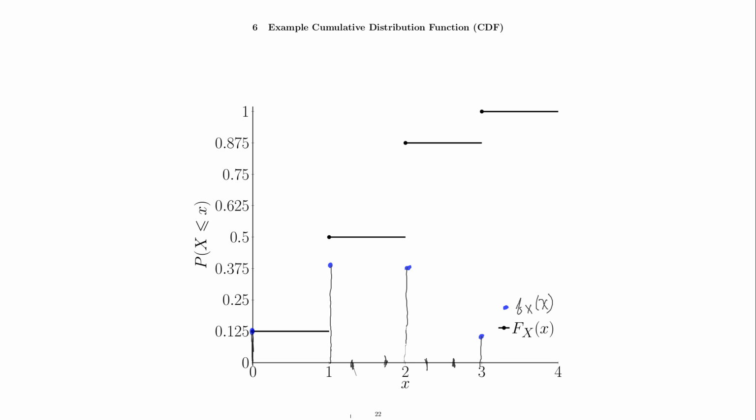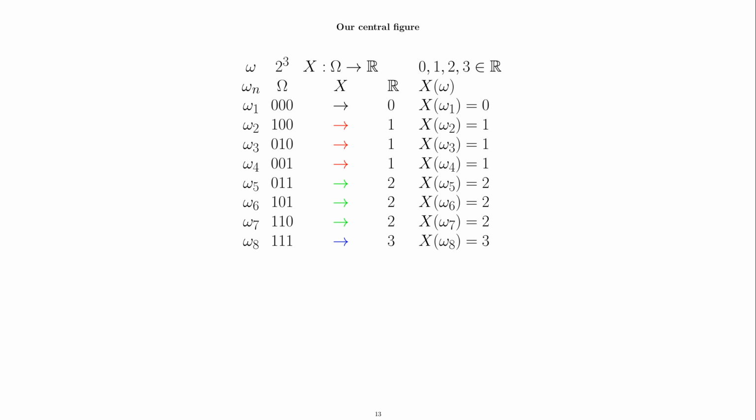Okay, so now that we've gone over the probability mass function and the cumulative distribution function, we now have 2 additional things that we know about x. I said x is a function, but we can't plot it. This is as good as we can do for plotting it.